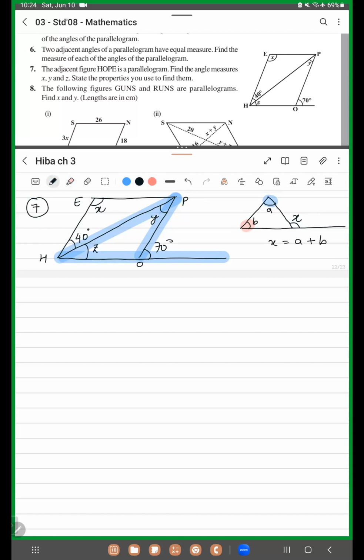Since here we don't have all three interior angles, we can make one, besides 70.